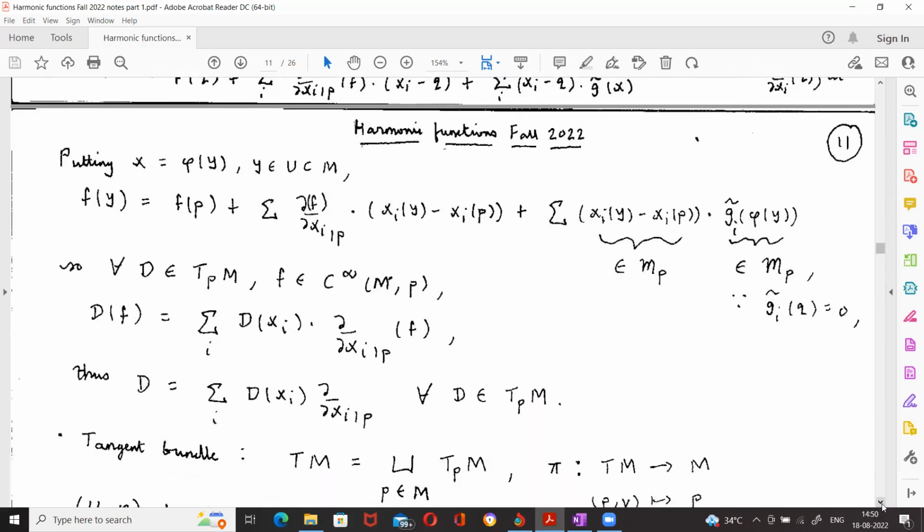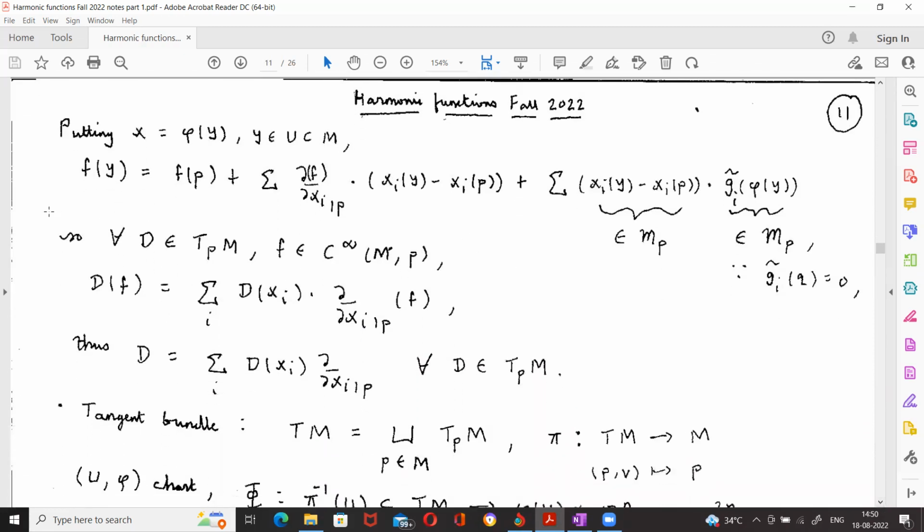Yes, sir. So now if I take any element d of the tangent space and apply it to this f, then d of f will be what? It's going to vanish on the constant, and it's going to vanish on this element of MP squared. So it's just going to act here, right?